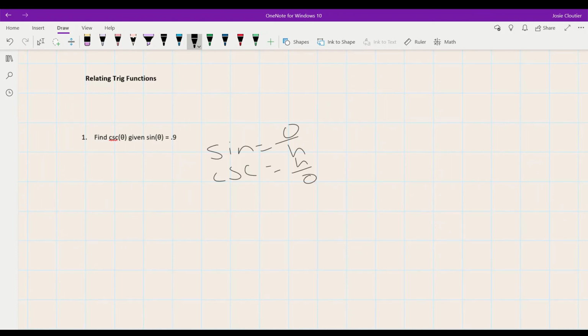So all we have to do is find the reciprocal of 0.9. Now we can write 0.9 as 0.9 over 1, and so it's easy to tell that the reciprocal would be 1 over 0.9. So 1 divided by 0.9 is equal to 1.1 repeating. So we would say that cosecant of alpha is equal to 1.111, right notation.